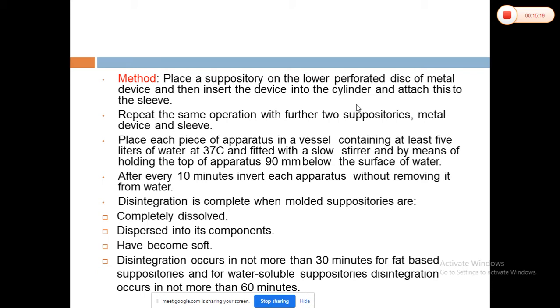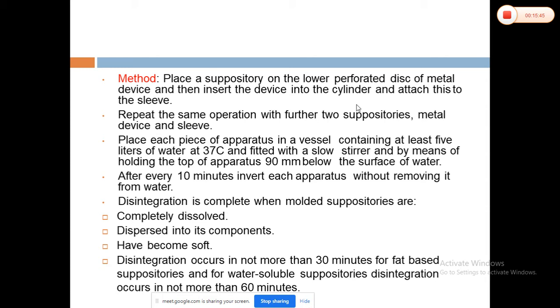Unless other specifications are given in the monograph, for glycerol gelatin suppositories the time is 1 hour. Within 30 minutes, other suppositories must be disintegrated in that specific solvent. Here you have to use 4 to 5 liters of water.